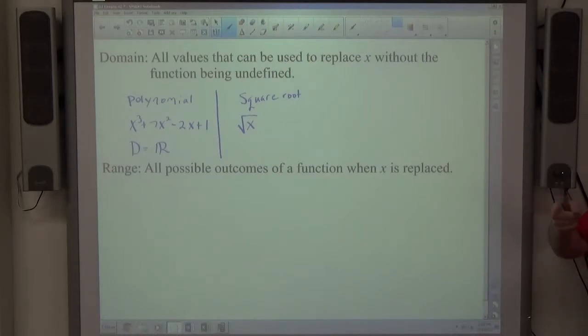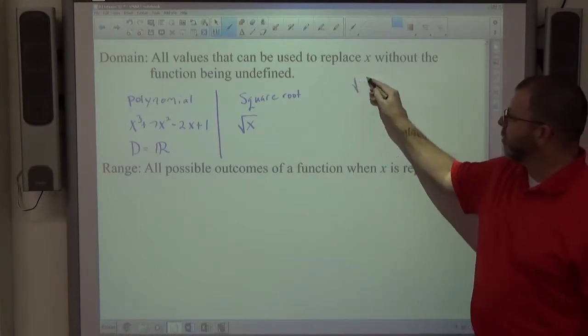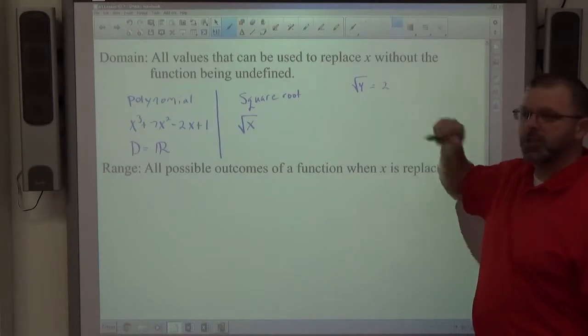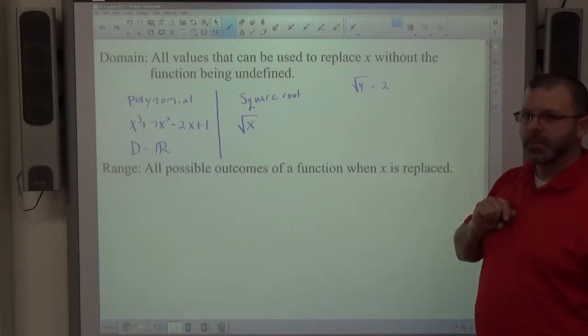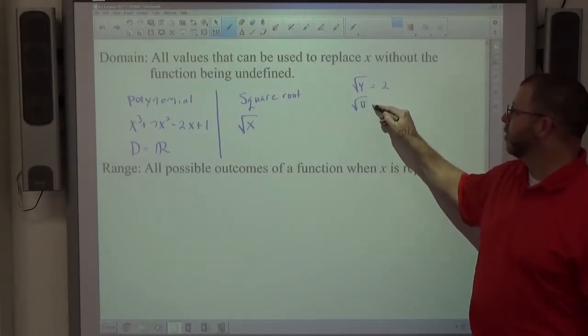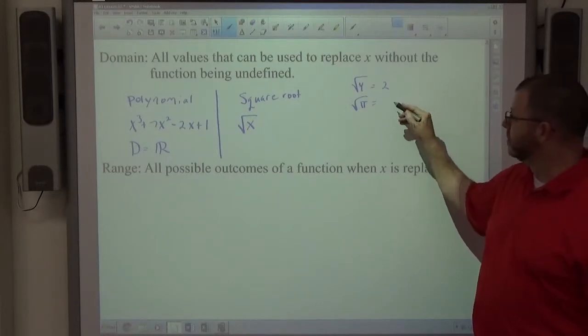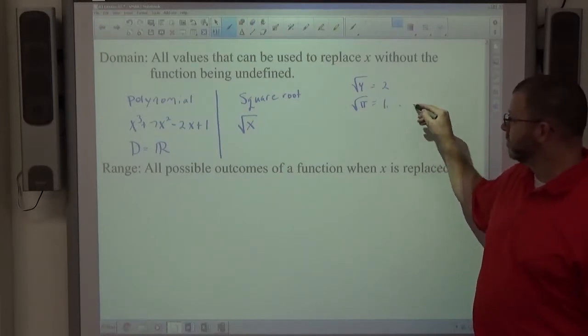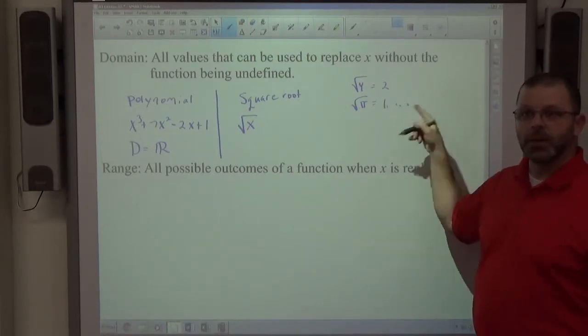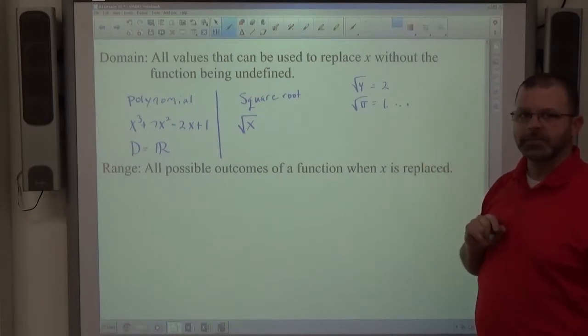Some number times itself makes a number. That's what goes underneath the square root symbol. I'll give you some examples. The square root of 4 equals 2, because 2 times 2 equals 4. Square root of pi is some number between 1 and 2, 1 point something, but it equals something. That number times itself makes pi.